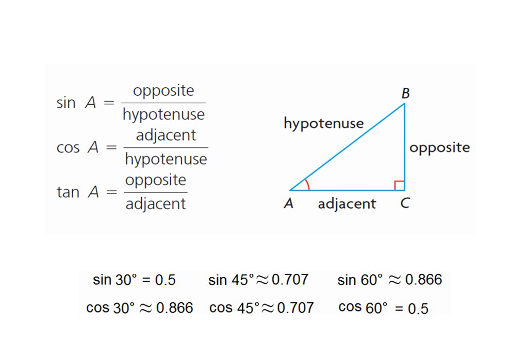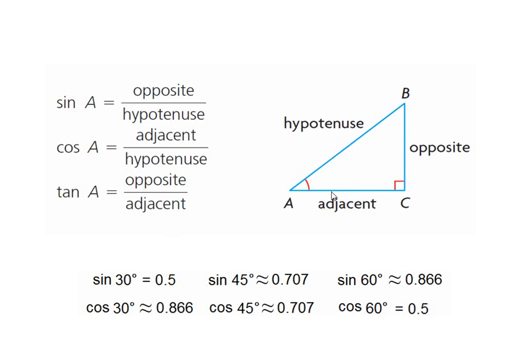The first part of trigonometry is the definition of the trigonometric ratios. We learned three of them: sine, cosine, and tan. They are defined in right triangles.